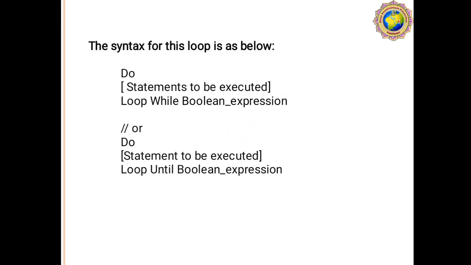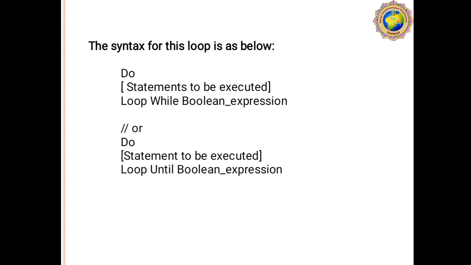Next, what is the syntax of the Do loop for programming code? First of all you have to write Do, then give a statement to be executed, and then use Loop While and give the condition. The condition contains true or false, so we can say it is a boolean expression.